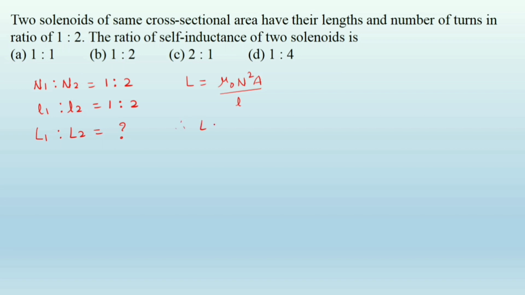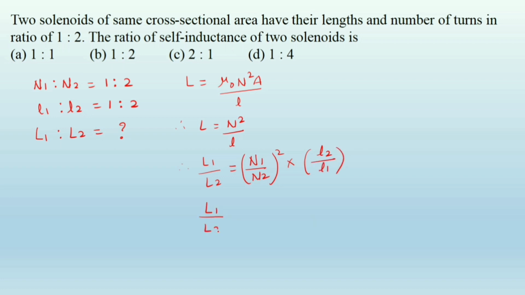So we can write L proportional to only the variables, N square divided by l. We want L1:L2, so we can write L1 divided by L2 equal to N1 divided by N2 whole square into 1 divided by l, so it becomes l2 divided by l1.